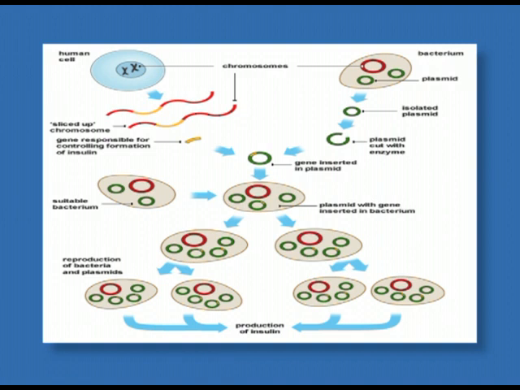After the transformation, the bacteria are cloned and multiplied. Since bacteria divide rapidly, they can produce insulin on a large scale, which would help diabetics to control the disease.